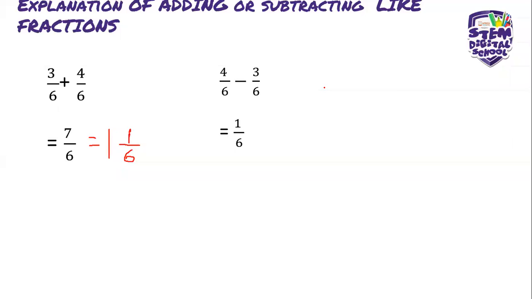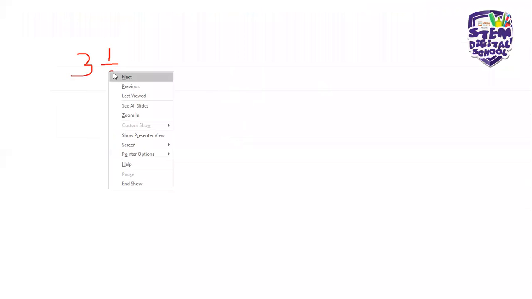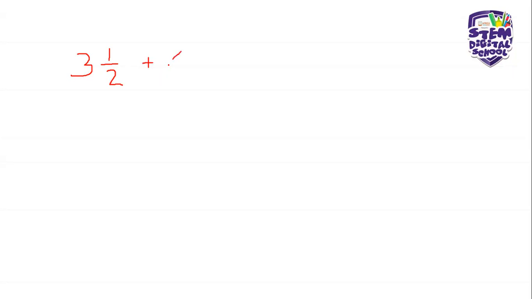Even if you're supposed to do a step like this, I want a clean canvas. Here's my clean canvas. I say I have 3 and 1 over 2 plus 4 and 1 over 2.